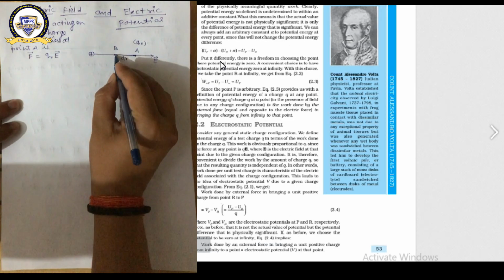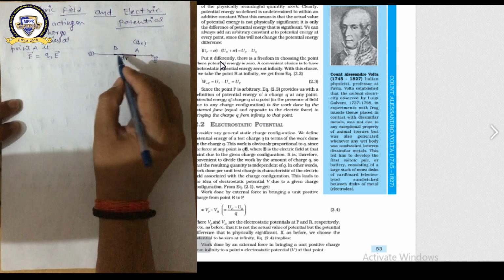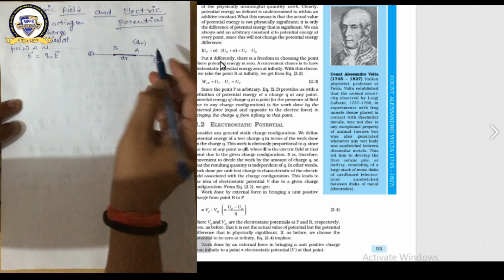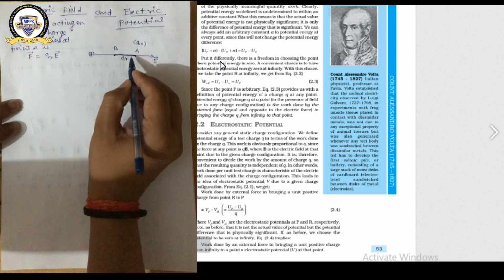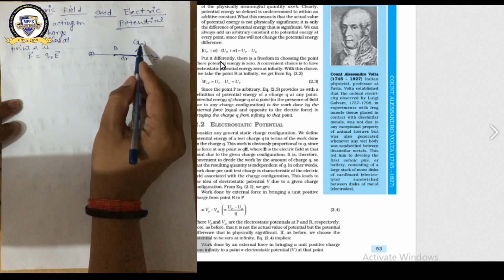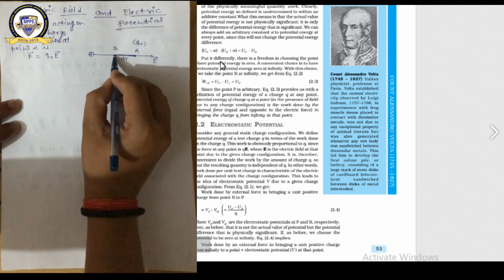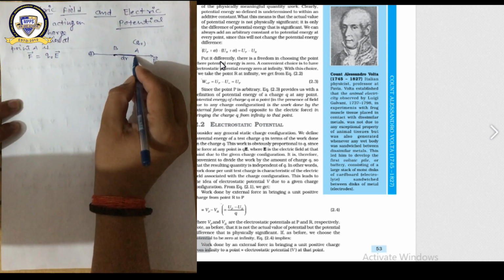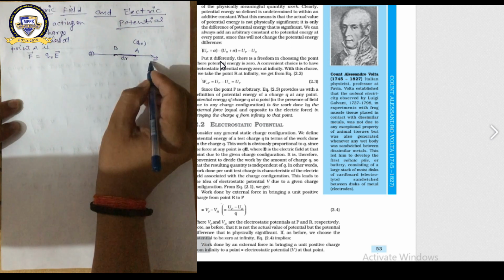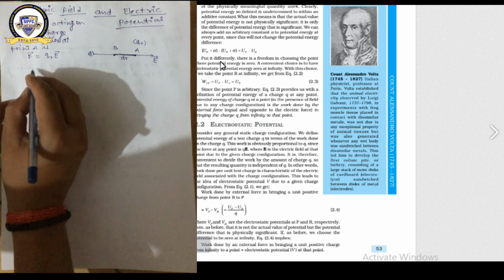Now, we have to find the work done to bring the test charge from point A to B against the electric field E. Suppose the test charge is moving a small distance dr against the electric field E, so work done will be negative.